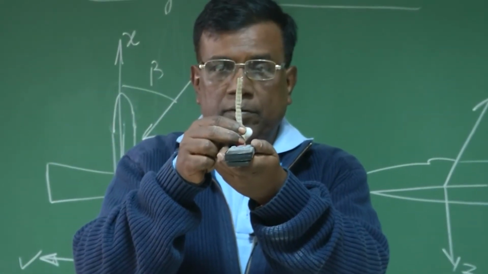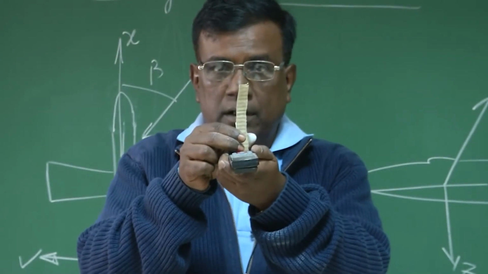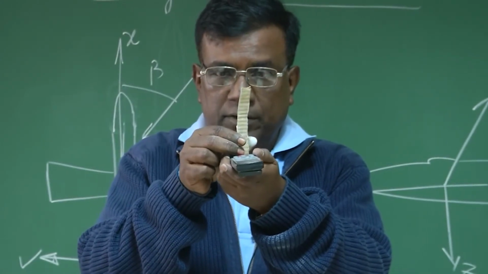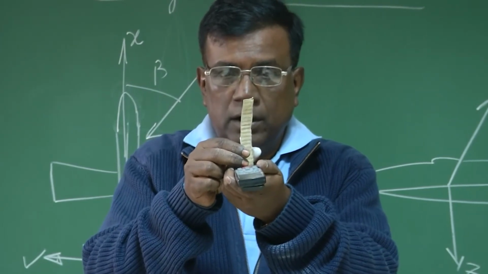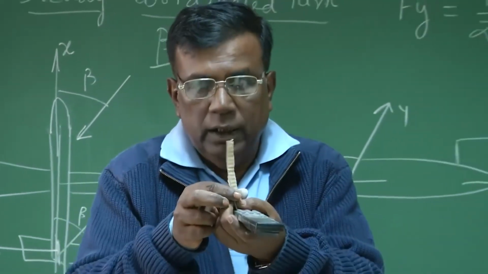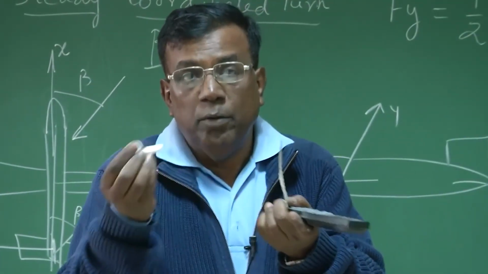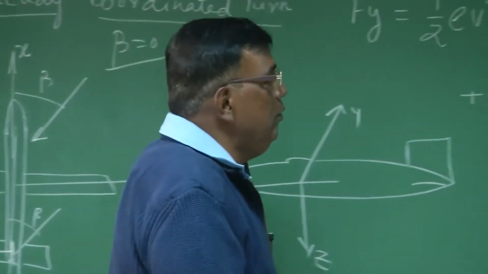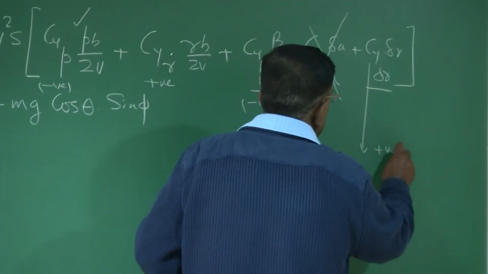If I deflect it towards the left, which is the positive rudder deflection, I repeat, towards the left when I look from the top, is a positive rudder deflection by convention. So if I am deflecting towards the left and moving forward, then the force will come in this direction, which is in the positive direction. So this sign of CY delta R will be positive.